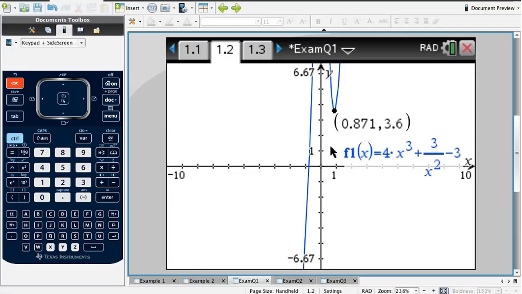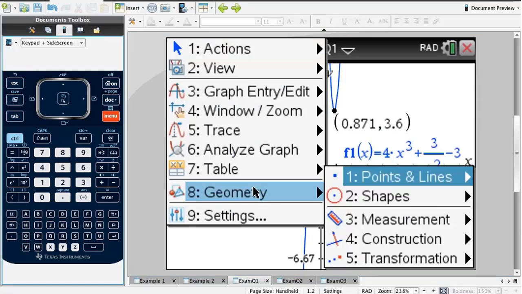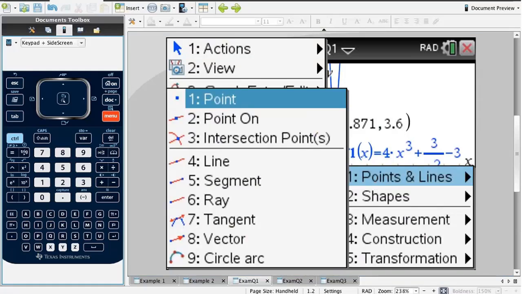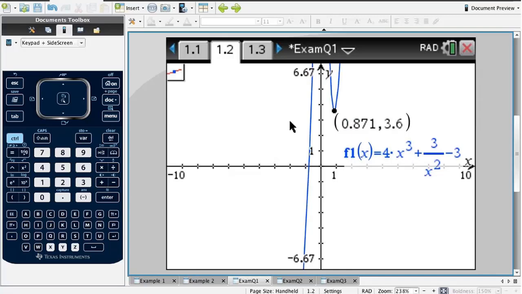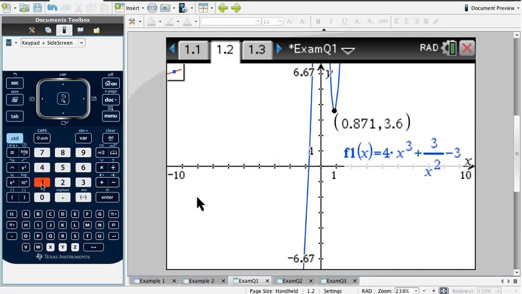of the domain. So if we go menu, geometry, points and lines, point on, and immediately I click on that graph, and I want it on -1. Sorry, that's right.